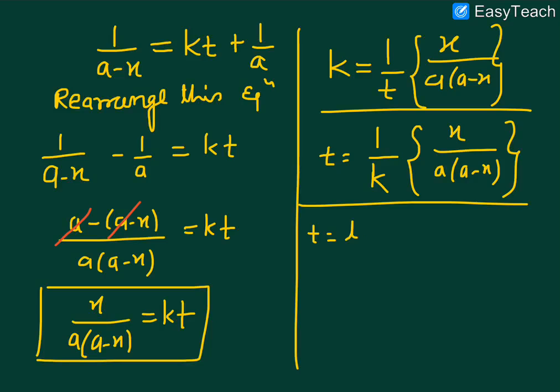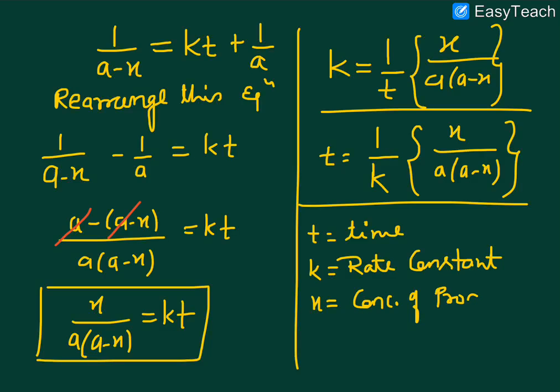Here t is equal to time, k is equal to rate constant, x is equal to concentration of product, a is equal to initial concentration. Okay, this is all about the rate differential equation for second order reactions.